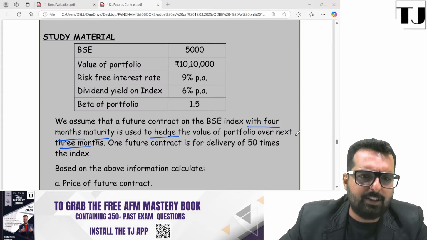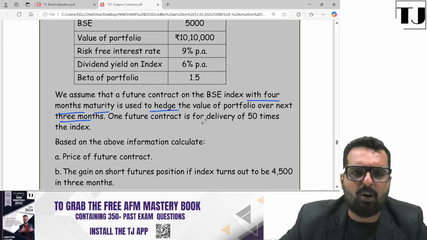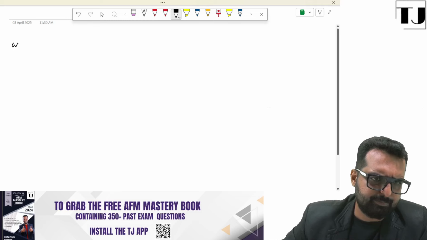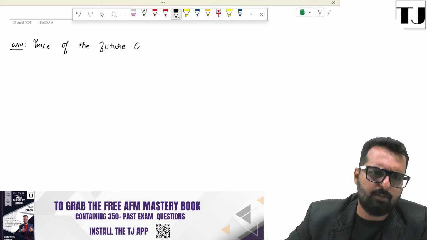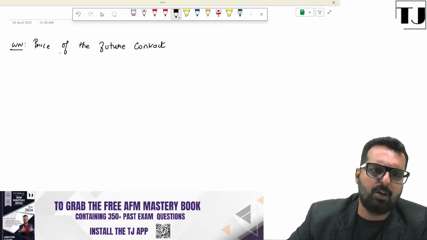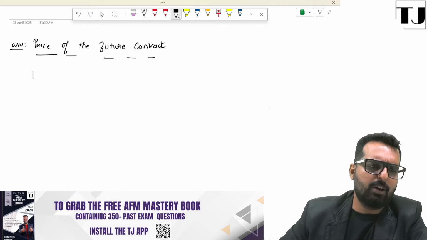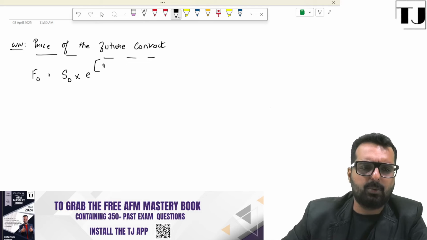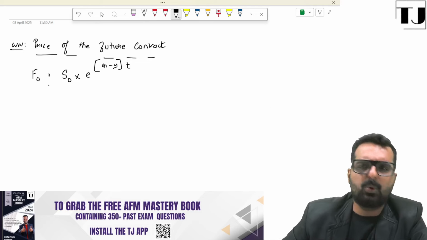Okay. Now, with this data, they are asking you first to find out the price of the future contract. So I'll write down the next working note heading. The price of the future contract. Friends, we already know in order to find the future price, we can use the formula S0 into e raised to r minus y into t.